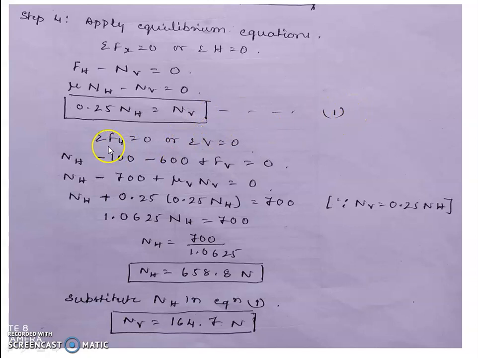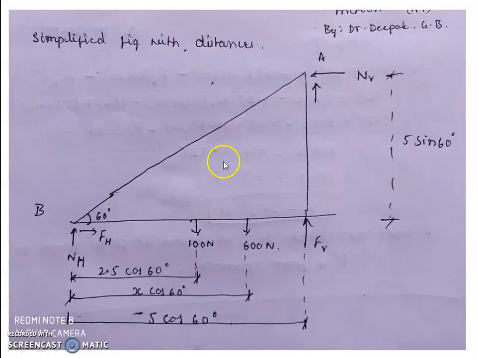Next, I will take sigma Fy is equal to 0, or the summation of all vertical forces is equal to 0. What are the vertical forces here? One is this NH, acting upwards. This is the reaction at B generated due to its contact point. Next is 100 Newton, the weight of the ladder, acting downwards. And the weight of the person, 600 Newtons, is also acting downwards.